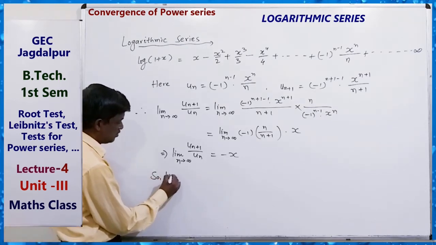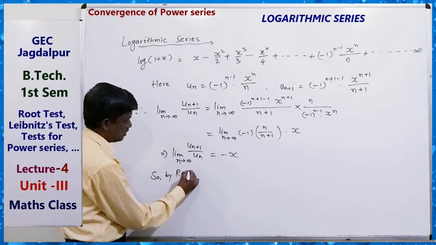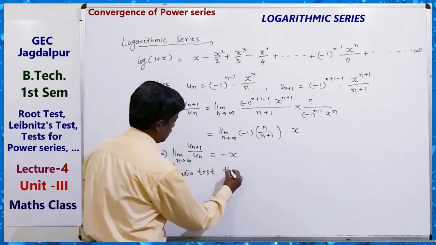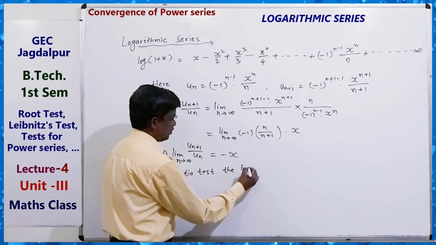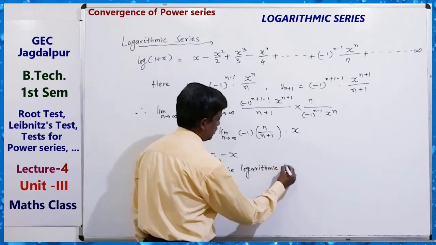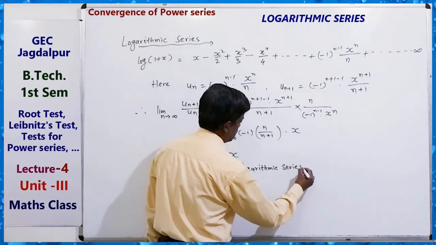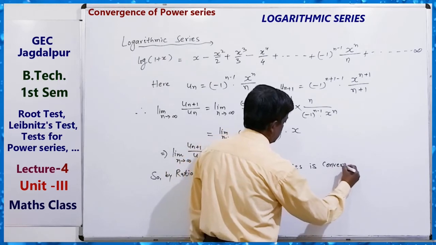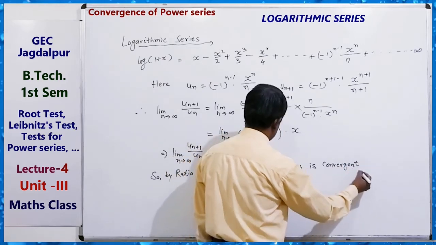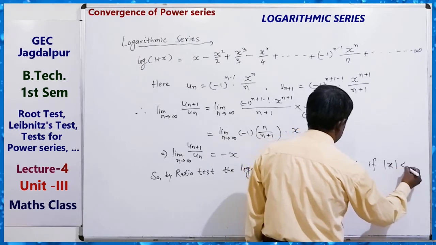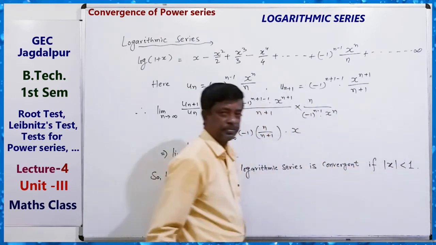So by ratio test, the logarithmic series is convergent if mod x is less than 1.